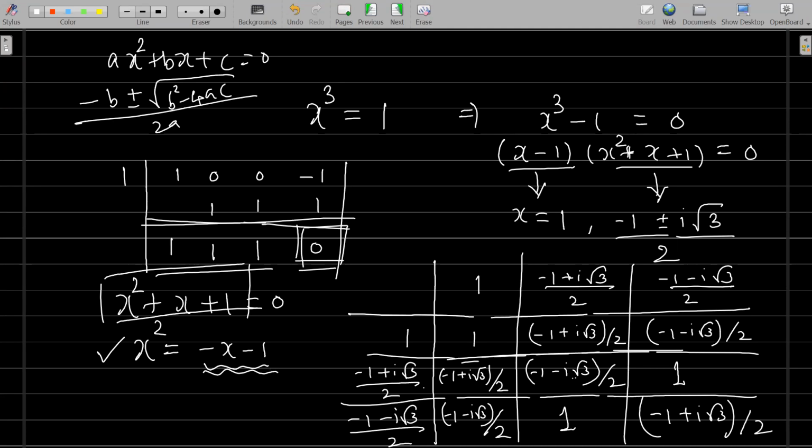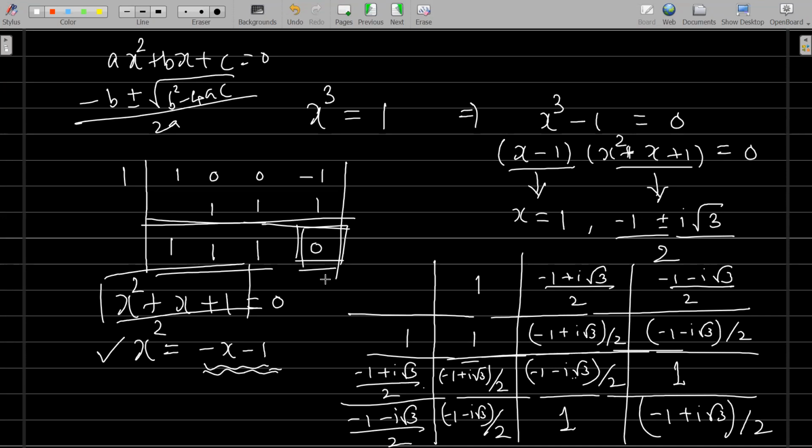You can do it by minus x minus 1. I don't have to actually multiply two complex numbers. It's simple addition and subtraction, right? All of you are clear up to this?